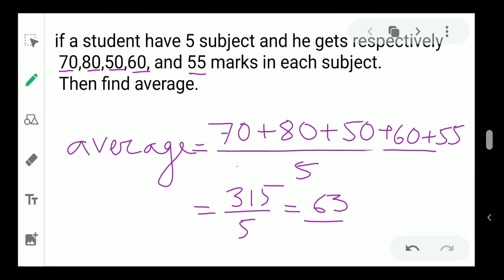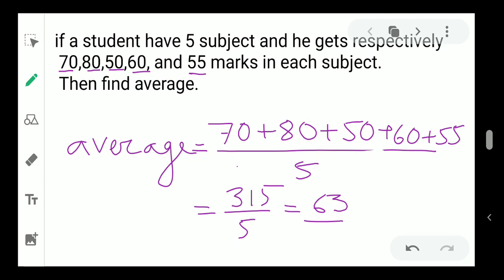If a student is having 5 subjects, he gets respectively 70, 80, 50, 60 and 55 marks in each subject. What is the average? It's very easy, because we know the formula for average. You have to add everything.